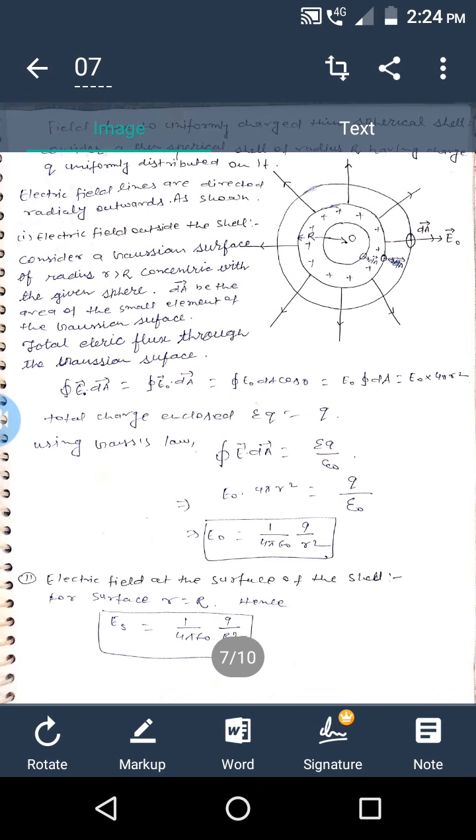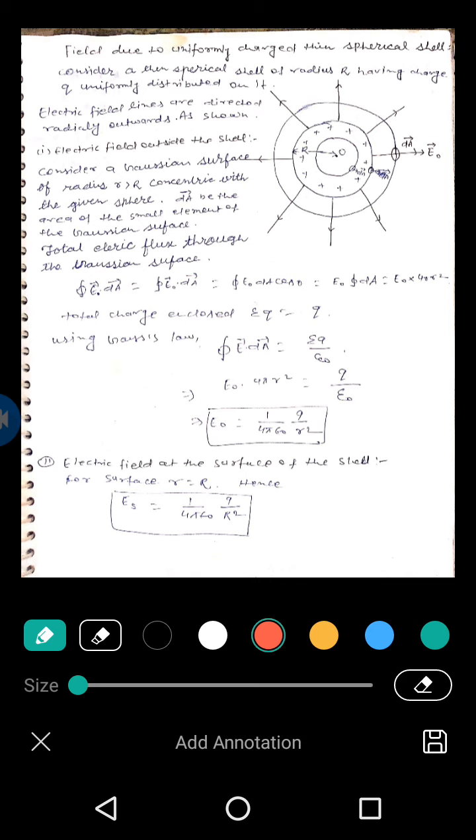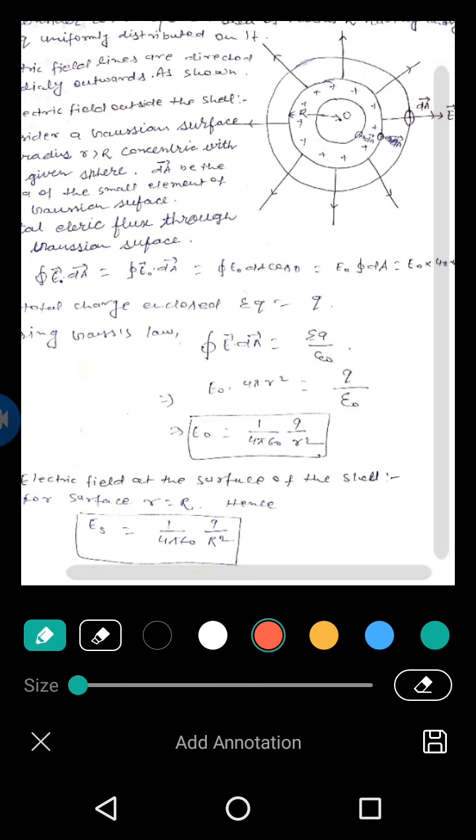Case first, electric field outside the shell. See here, this is the Gaussian surface outside the shell, and consider a small element of this shell here.